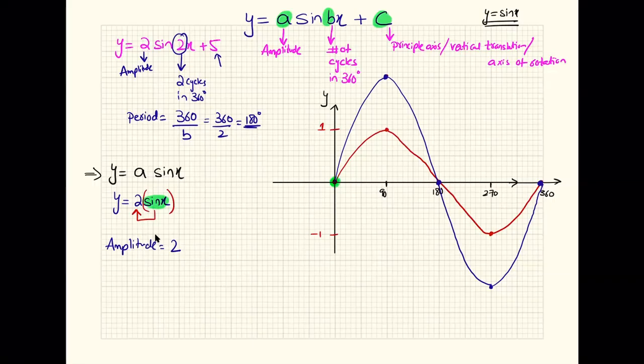The transformation basically is a stretch in y direction by a scale factor of 2, meaning it has been stretched to twice. So the amplitude is 2.